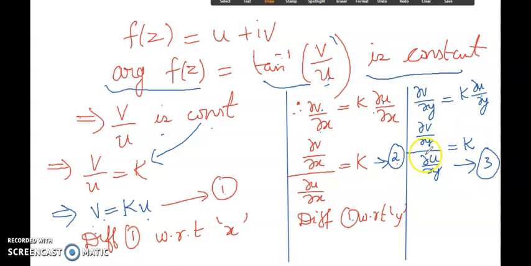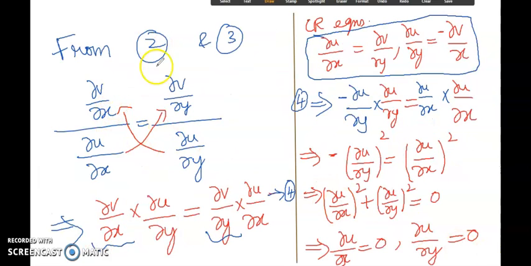From (2) and (3), the RHS is equal, so we can equate the LHS. Now taking the denominator to the numerator, we get an equation like this.